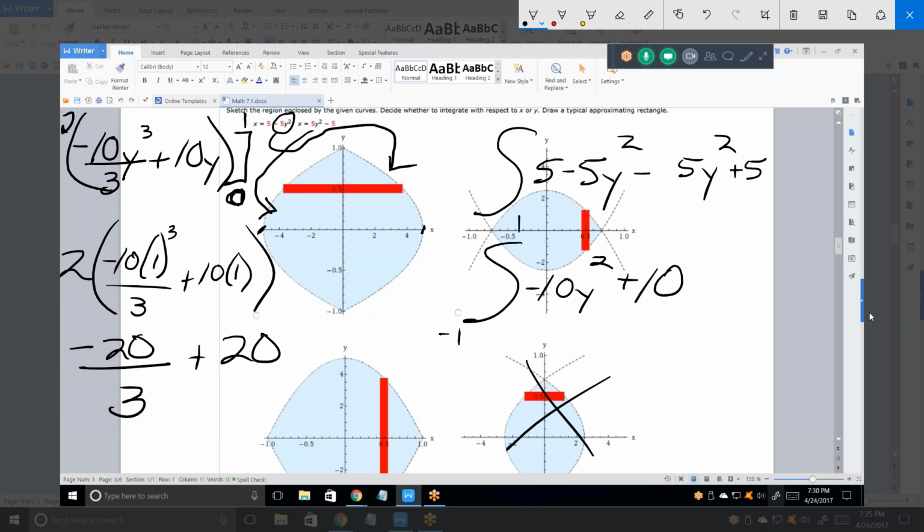And 20 is 60 thirds. So I got minus 20 thirds plus 60 thirds. I got 40 thirds is the area. And I included multiplying by 2. So that's what you can put into the answer.